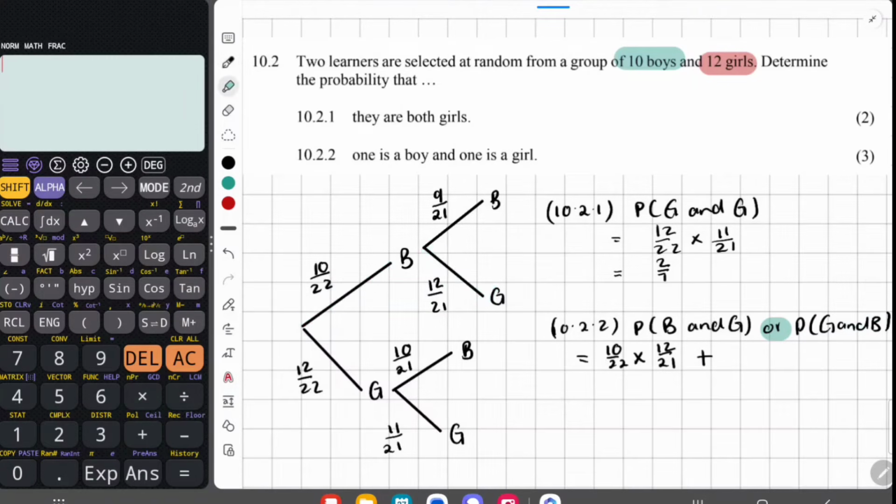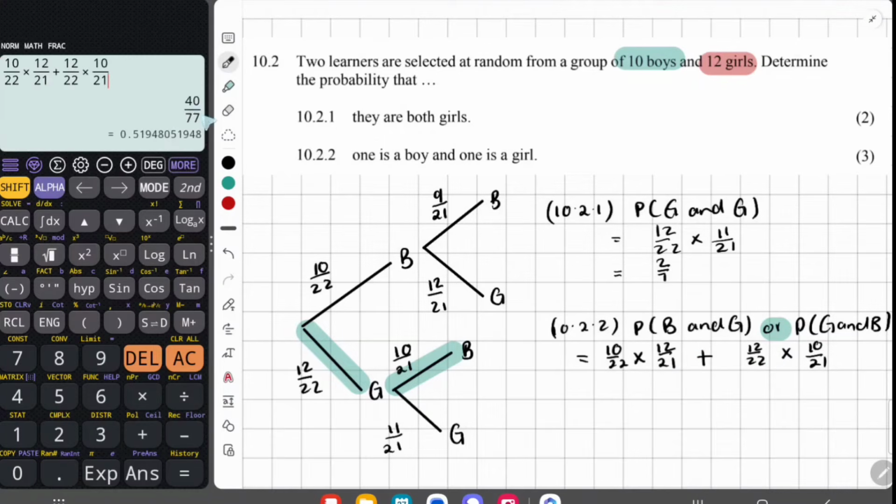So we have now the probability of picking a girl in the first pick, and then a boy in the second pick. So picking a girl first will be 12 out of 22, multiplied by picking a boy, which is 10 out of 21. Then we'll just multiply this, put a plus in the middle, and let's see what we get.